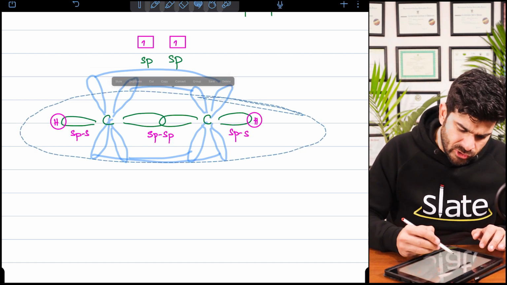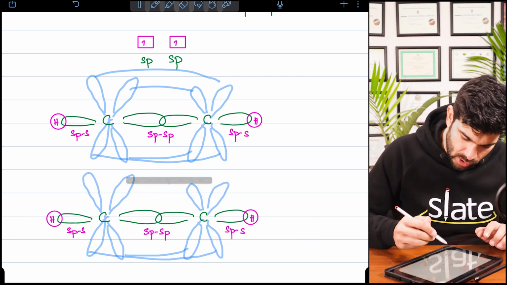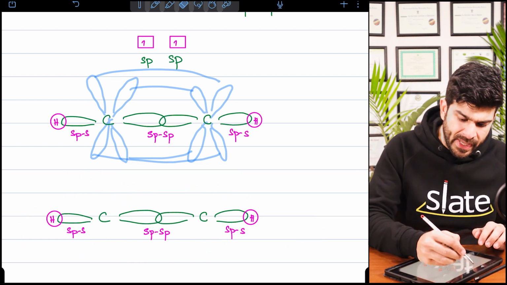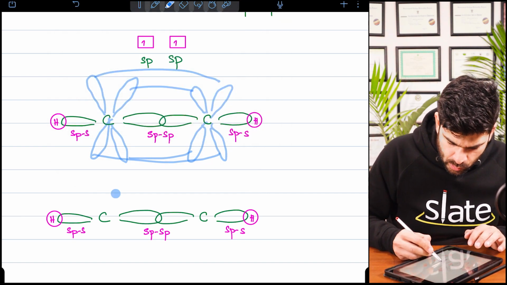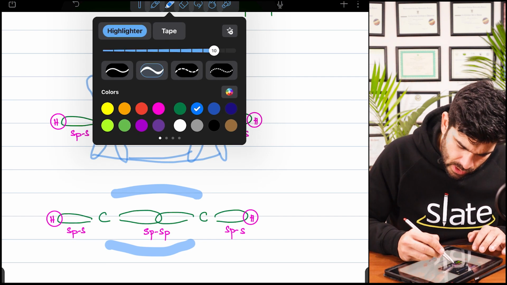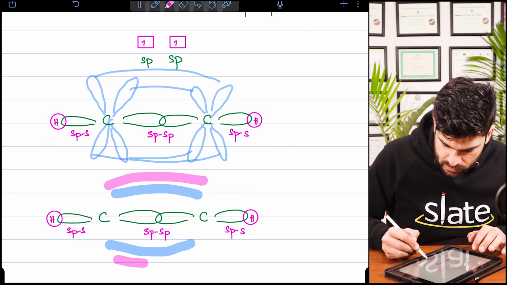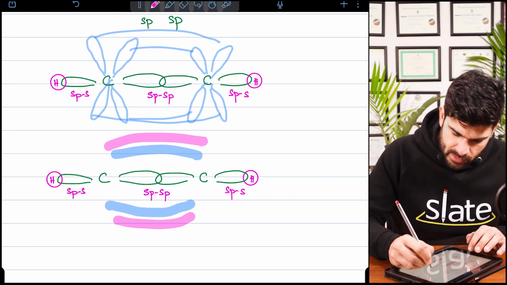So how would the final structure look? Not like this at all. We just make clouds. We get one cloud here. Let's change the color. Then we get another cloud. So that is what we get.